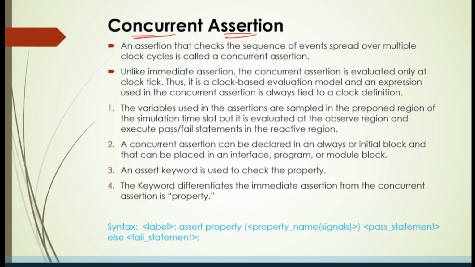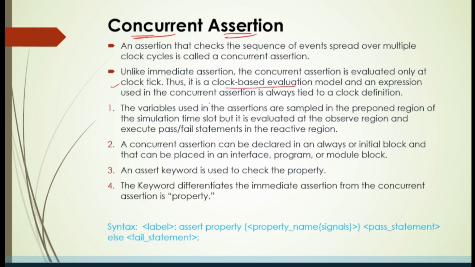Also, one important thing about concurrent assertions is that they are evaluated only on every clock tick. For every positive or negative edge that you specify, they will be executed. That is why we call concurrent assertions a clock-based evaluation model, because they are executed only based on the clock.